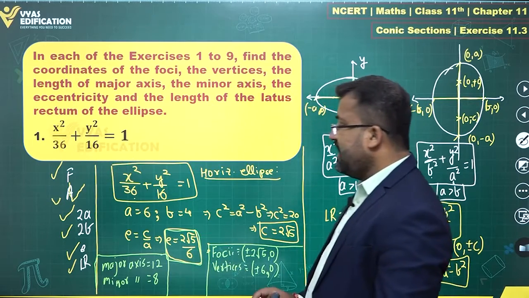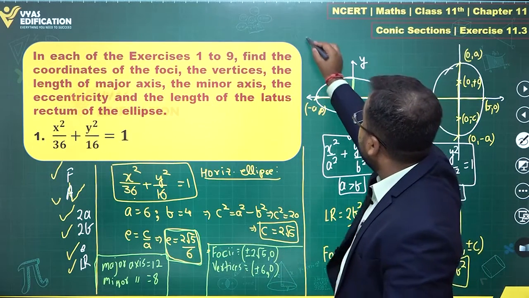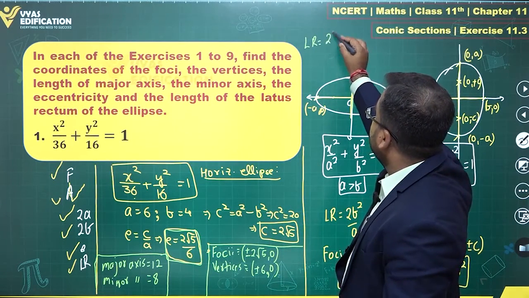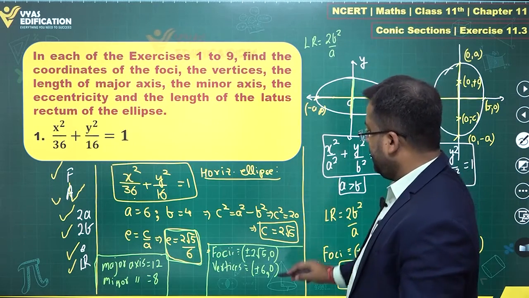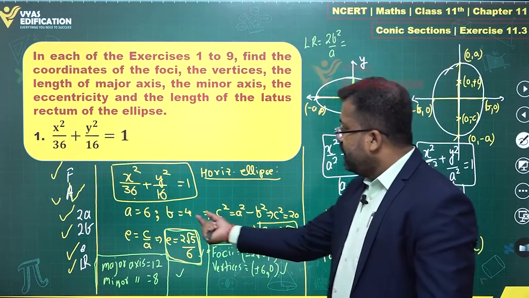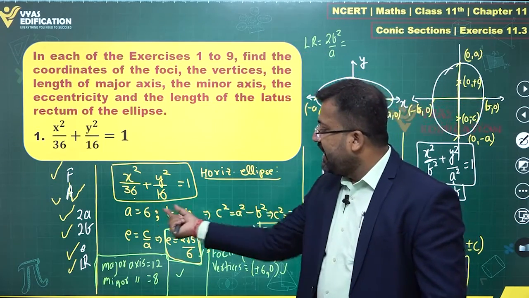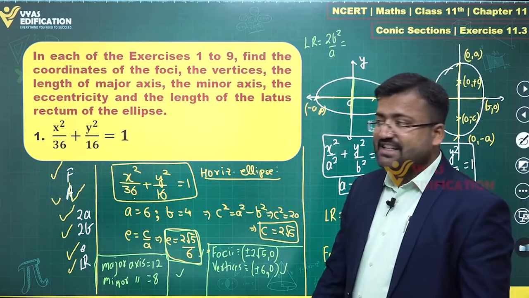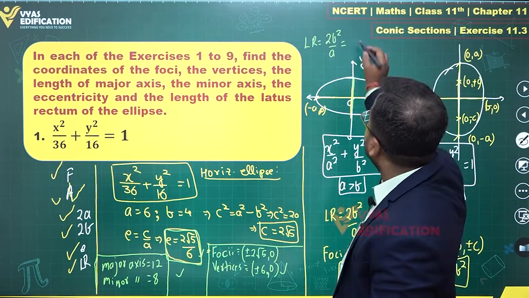One last thing remains, and that is the latus rectum, which will be 2b square upon a. I'm writing this, the latus rectum, which will be 2 times b square upon a, 2 times 16, that is 32 upon 6, which is 16 by 3.